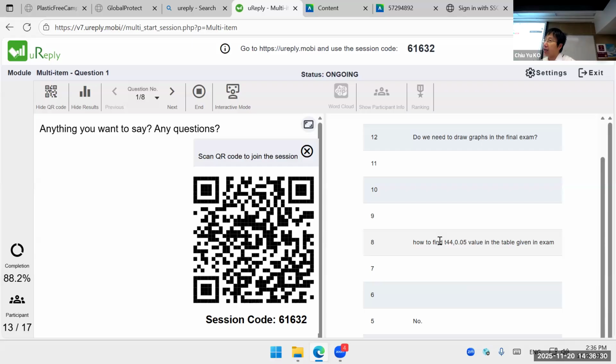So for the T test, you should not worry too much about the table. Of course, you should bring it as well, but I don't think you need to worry too much about the T table. I will give it to you, unless I ask you to do the P value, then you do it. But T, I think I give you. You should be able to figure out from the question; the question will give you the T value that you need to do the calculation.